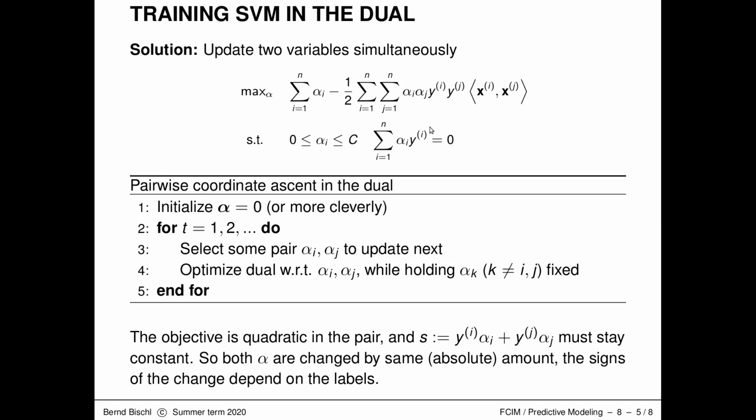So first of all, like I said, this is a quadratic form. If I only optimize this in two alphas, this is still going to be quadratic in the two alphas now, because all of the other variables are fixed. It's simply on a 2D space defined by alpha i and alpha j.